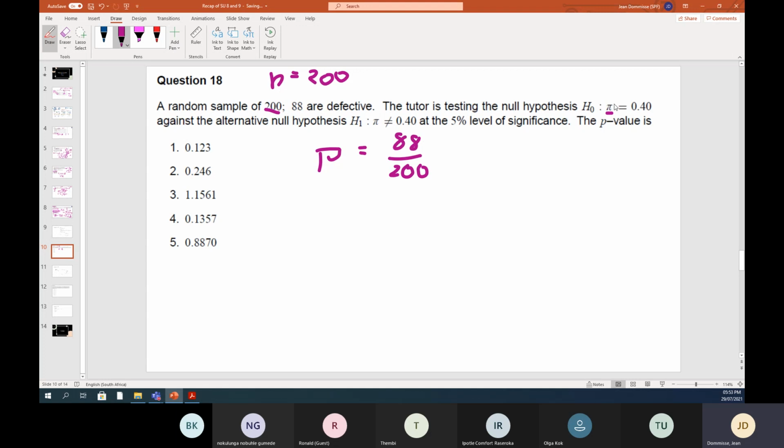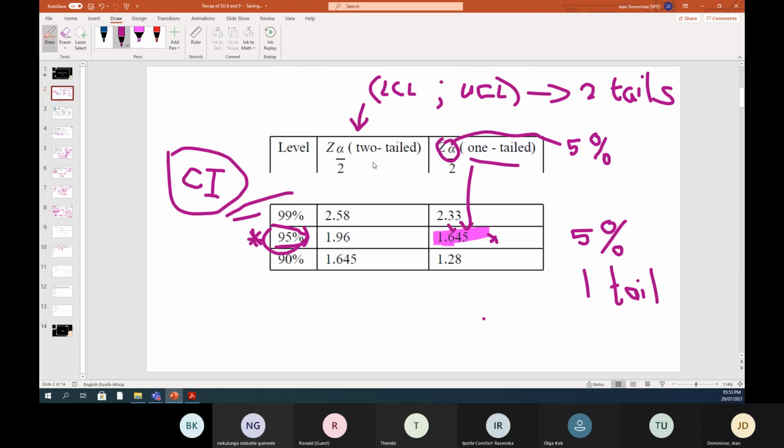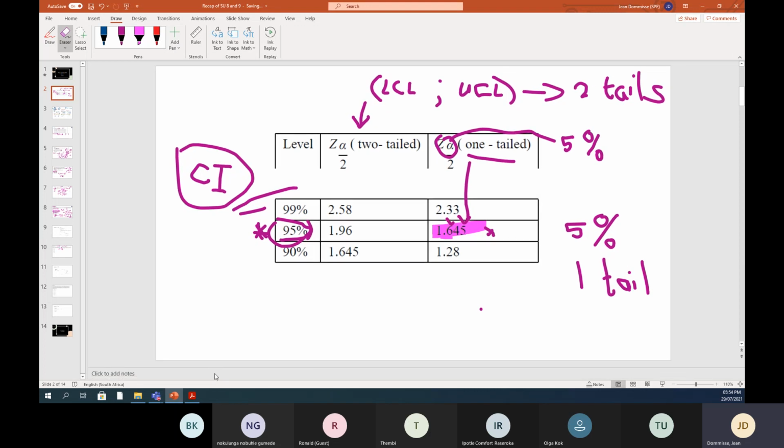We need to test against the null hypothesis and alternative. Okay, not equal to, so two tail, 5%. So let's get this right this time. Two tail, 5%.